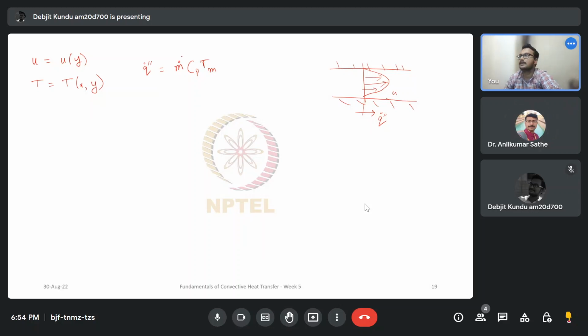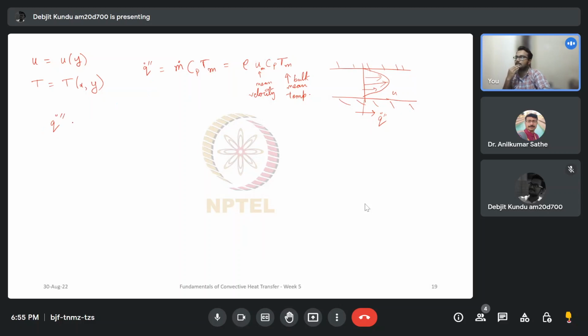And this m dot I can write as rho into u bar into A, where this u bar is again the mean velocity, and this Tm is the mean temperature or bulk mean temperature. So as it comes to the derivation, this q dot is how I'm trying to represent it.